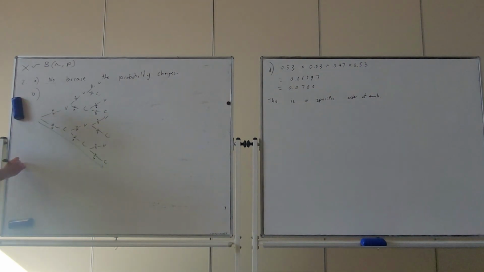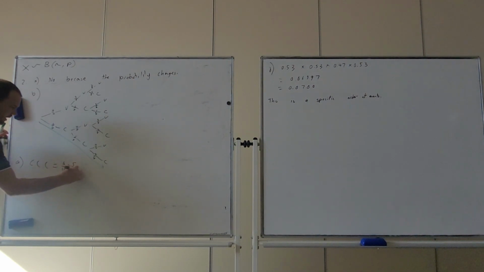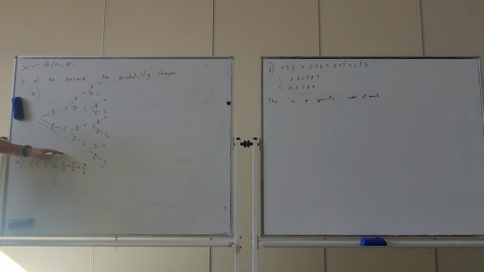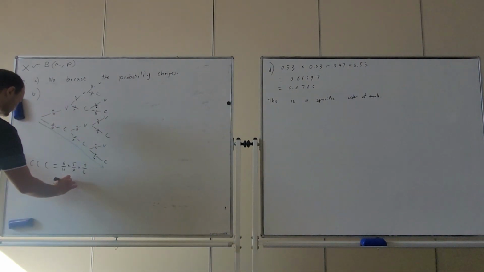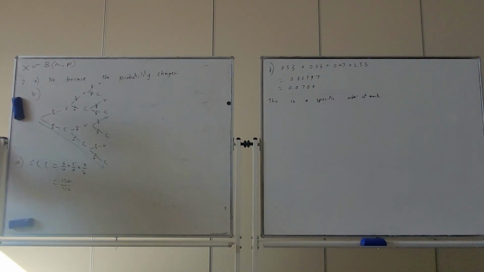So for part A, the probability of getting all chocolate bars, chocolate, chocolate, chocolate, is 6 on 10 times 5 on 9 times 4 on 8. So we got 120 on 720. You can simplify that, but I'll just leave it.